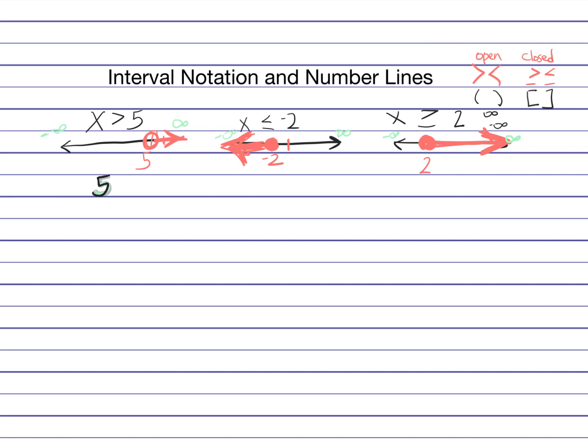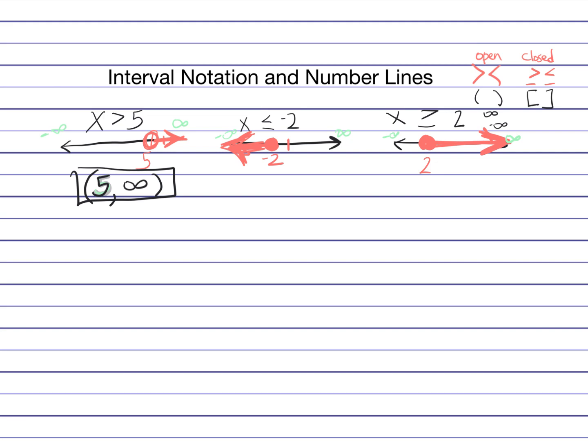Open circles get parentheses, and then the shading continues forever to infinity. So 5 to infinity. And infinity also gets a parenthesis, so that's interval notation for that problem.